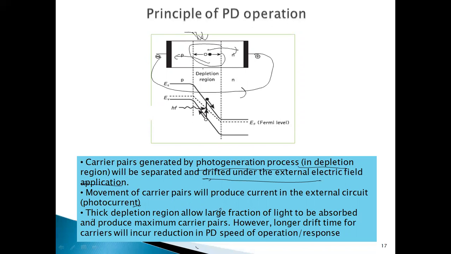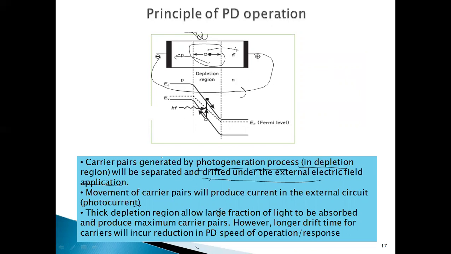This movement of the carrier pairs, as I mentioned just now, will produce the current in the external circuit, and as such, we can say that the photodiode is now fully operated.